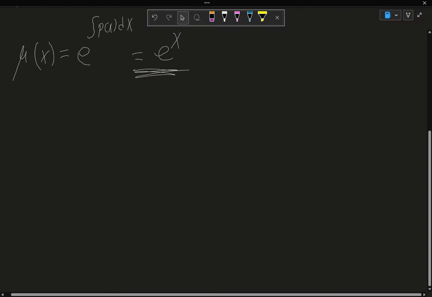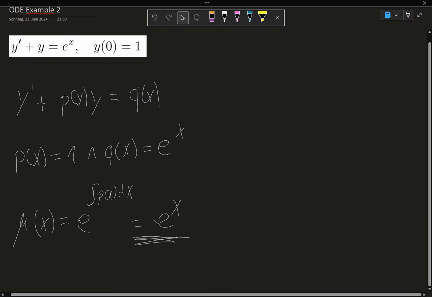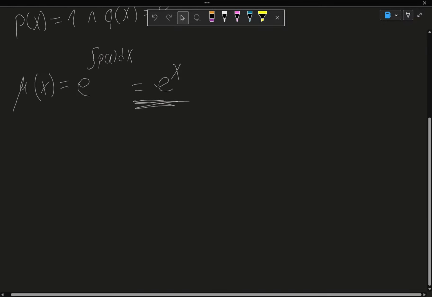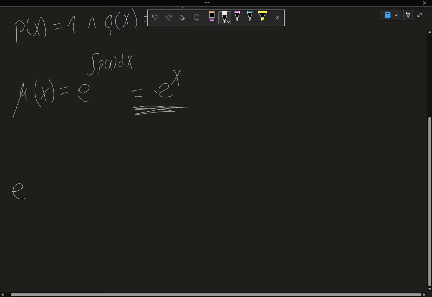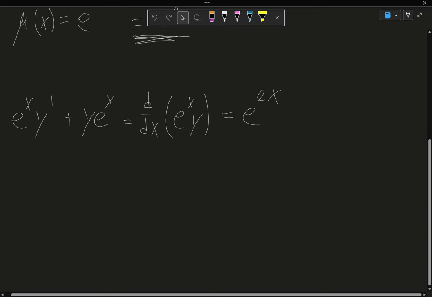If we multiply everything, we have, note that we have the function right here, and we want to multiply everything, so we get e to the x y prime plus y e to the x is equal to d dx of e to the x y, which is equal to e to the x.